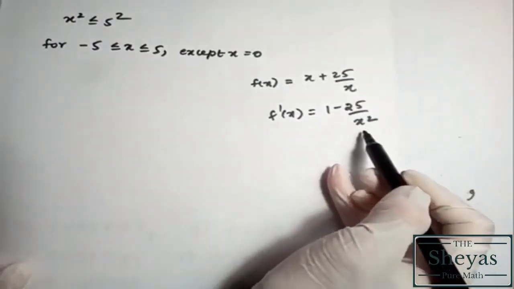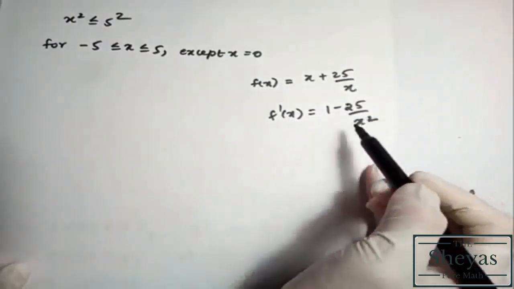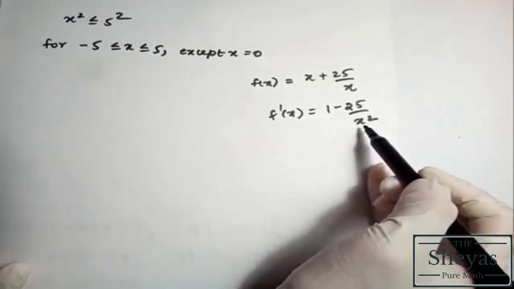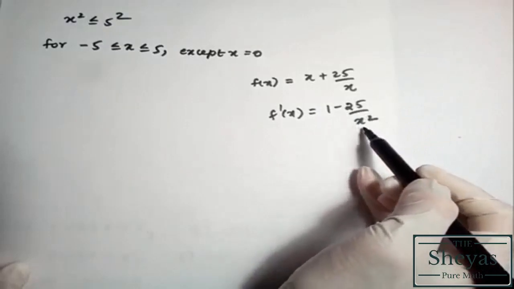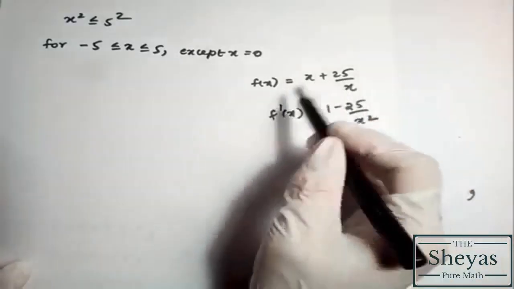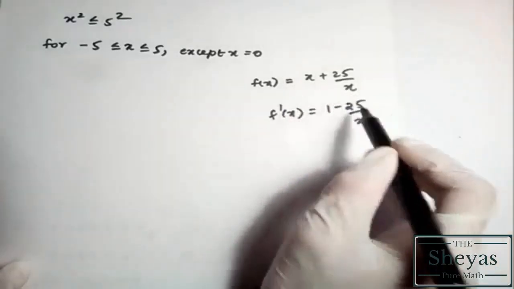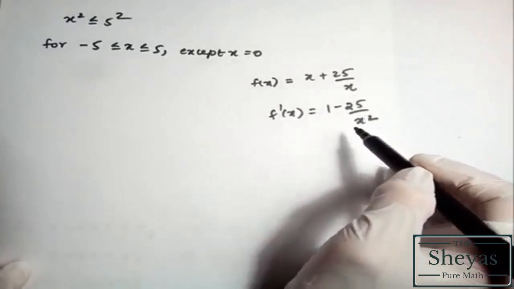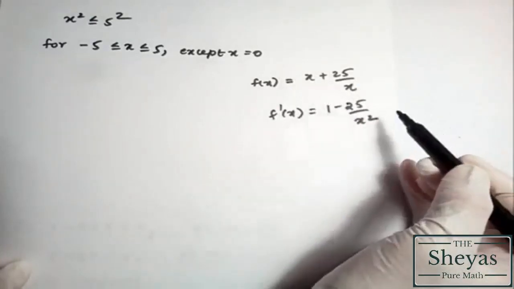So this is a reciprocal function, and when you apply 0 in this, you will get 0 in the denominator, and once you get 0 in the denominator, the whole function will be undefined.